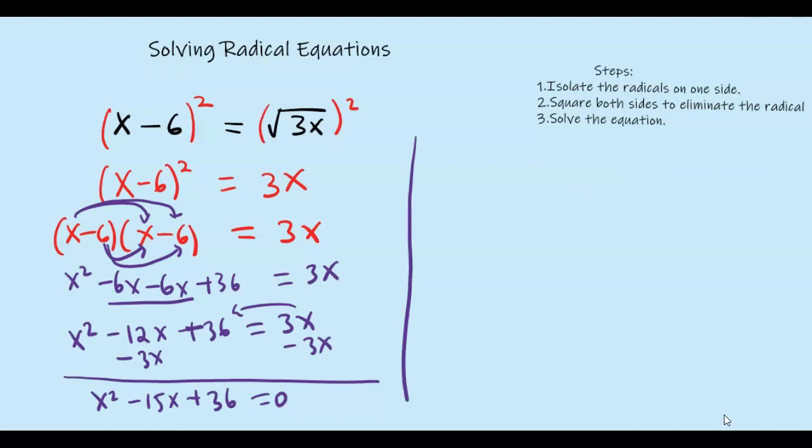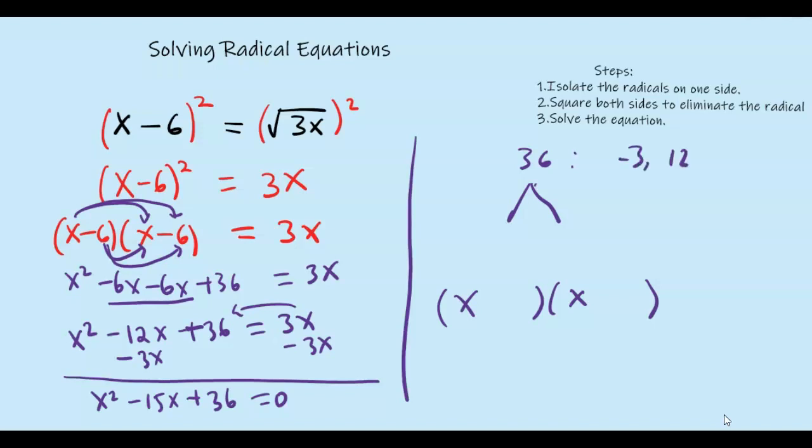Now we have to solve this quadratic. So we take our 36, and we are looking for two numbers that multiply to give 36, and when you add, you get negative 15. The numbers that we can use to get that are 3 and 12.